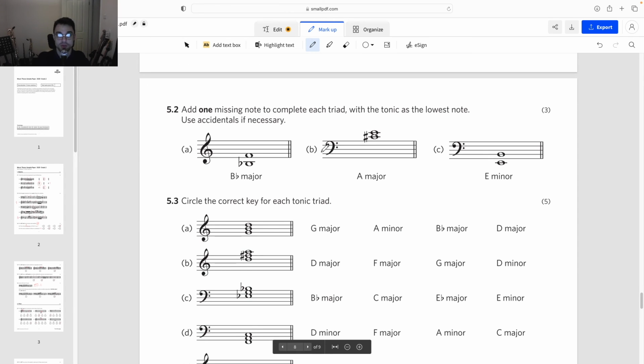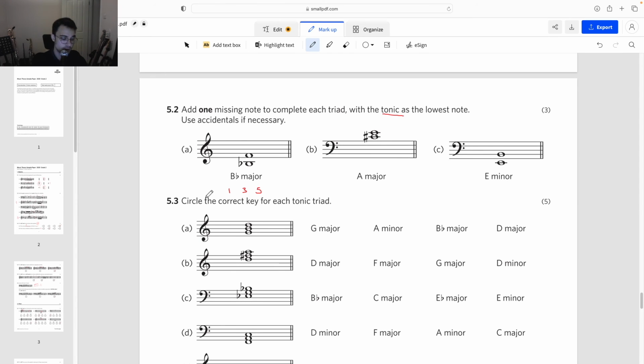All right, 5.2. Add one missing note to complete each triad with the tonic as the lowest note. Use accidentals if necessary. All right, so the tonic is the lowest note in the triad. And here we have B flat major. So let's just do our 1, 3, 5 again.